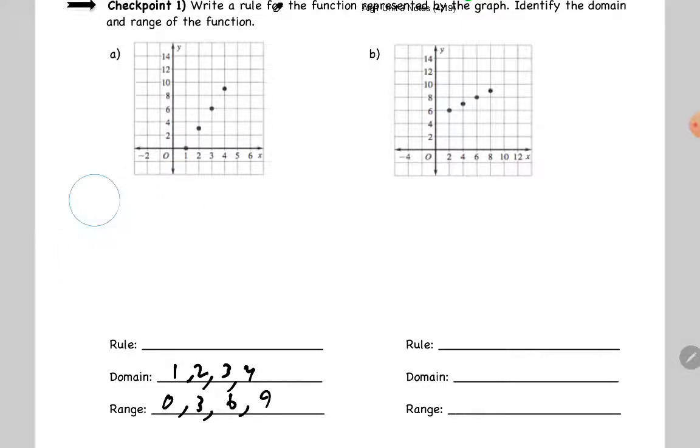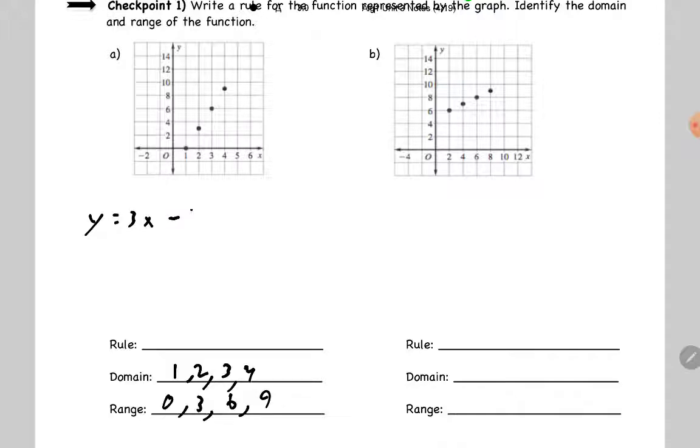Okay, what is my rule? If I plug in 1, I get 0. If I plug in 2, I get 3. So it looks like it's just going up by 3, 6, 9. But it's not exactly 3x, because if I plug in 1, I get 0.